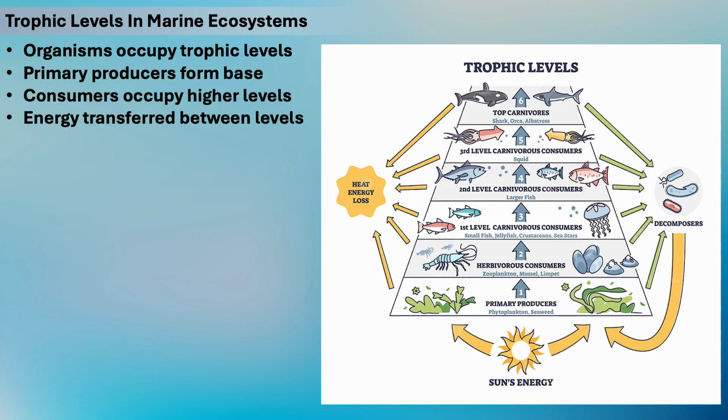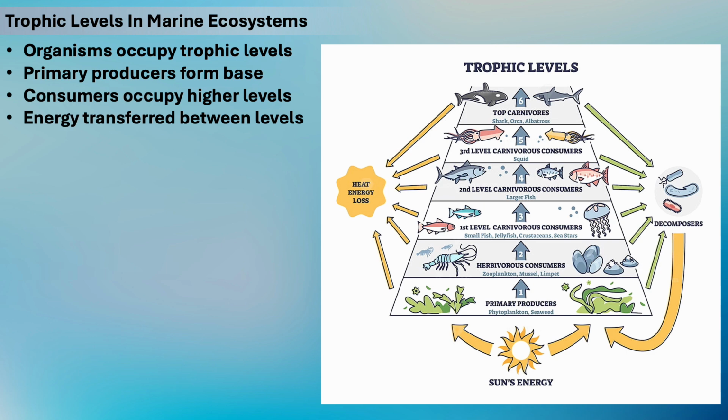Marine ecosystems are organized into a series of trophic levels, which represent the positions organisms occupy within a food web based on how they obtain energy. Each trophic level depends on the one below it for energy.